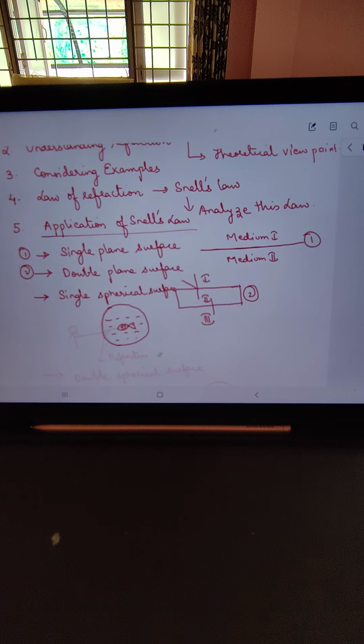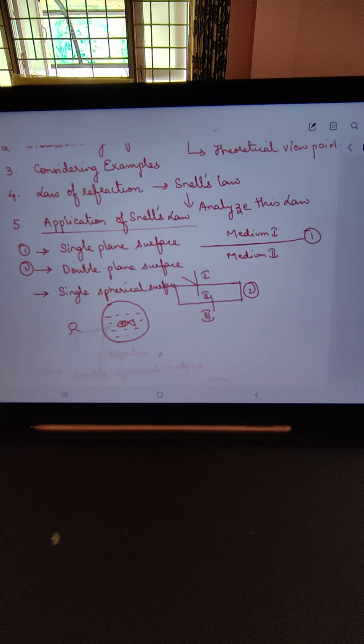And let's say there is a man over here. When the man observes the fish, and this surface is spherically curved, what will he see? He will see the fish not at the position at which it is, but at a different position.